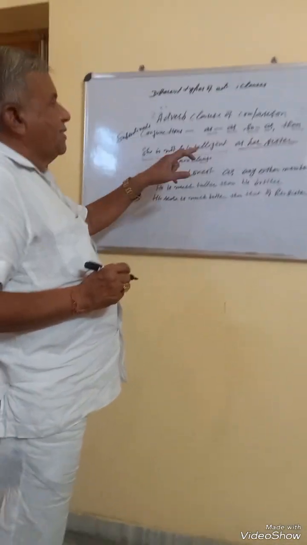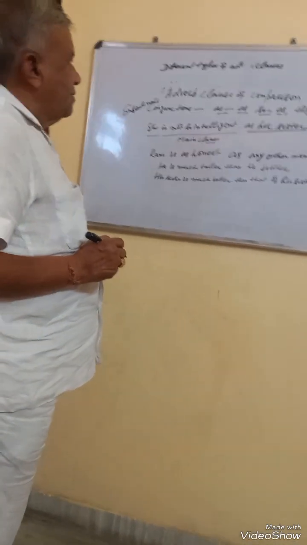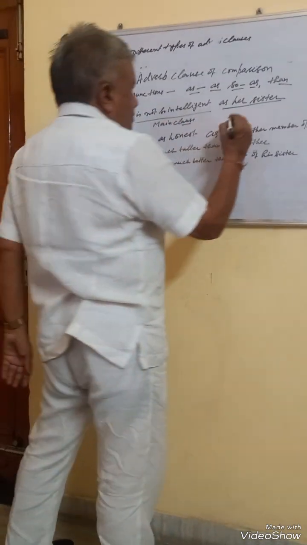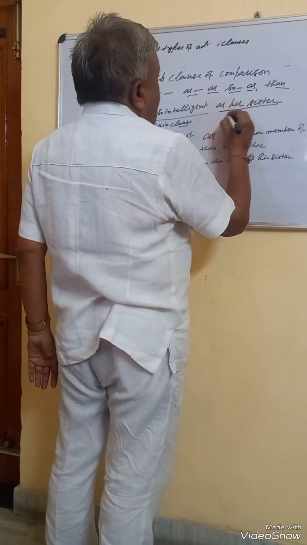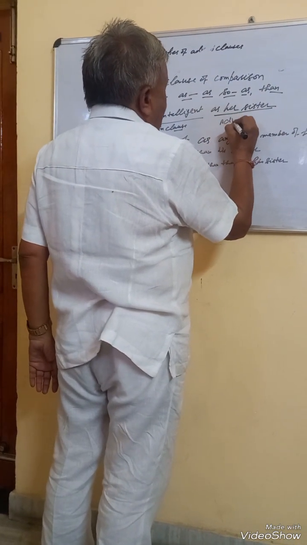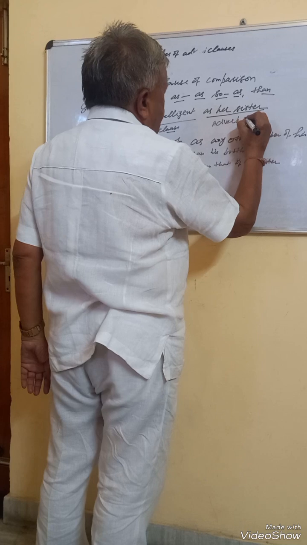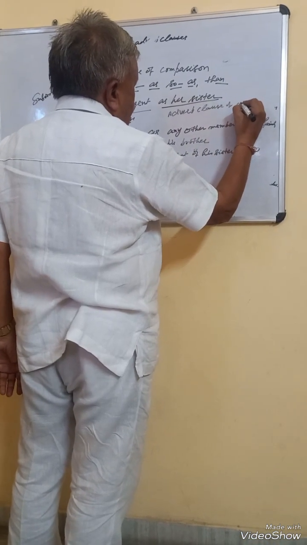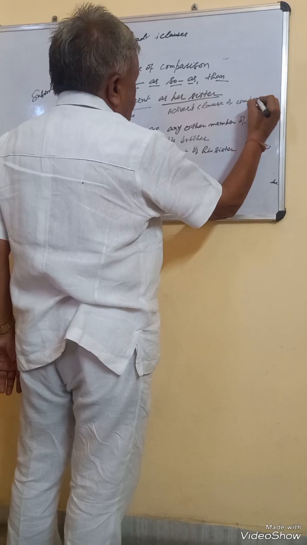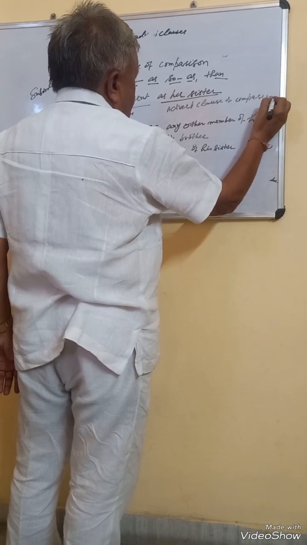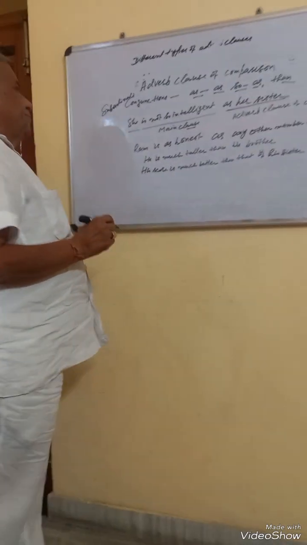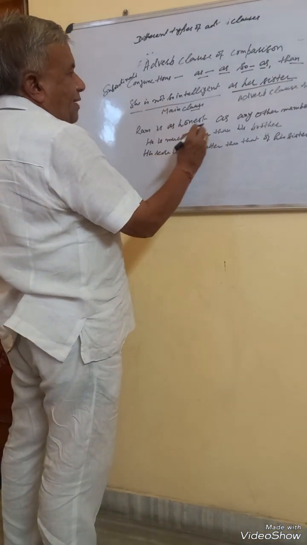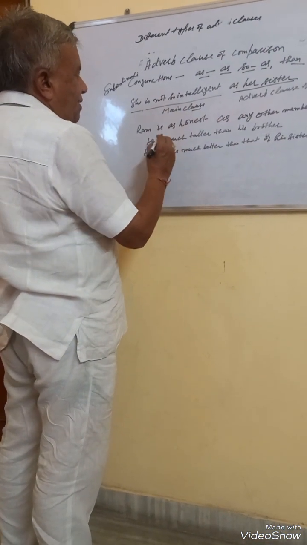She is not so intelligent as her sister. So "she is not so intelligent" is the main clause, and "as her sister" is an adverb clause of comparison. Ram is as honest as any other member of his family.